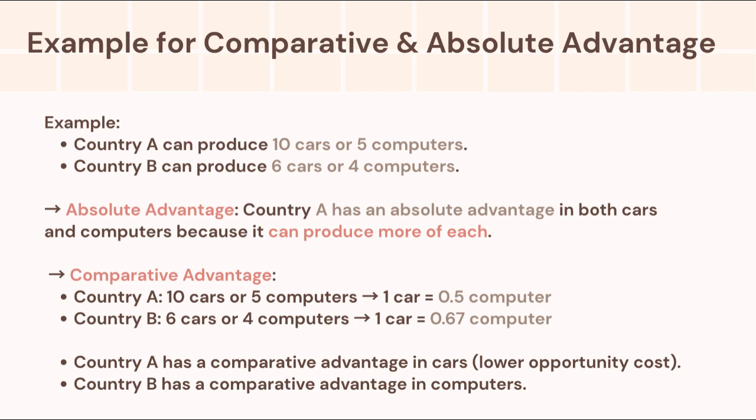For Country B, producing 1 car costs about 0.67 computers. Since Country A gives up less to produce cars, it has a comparative advantage in cars. That means Country B must have a comparative advantage in computers. So if Country A specializes in cars and Country B specializes in computers and they trade, both countries can end up with more than they could produce on their own.